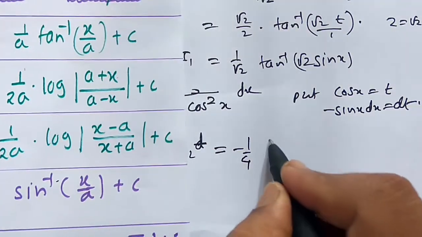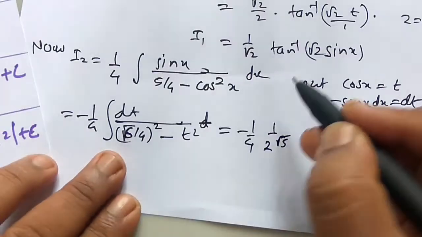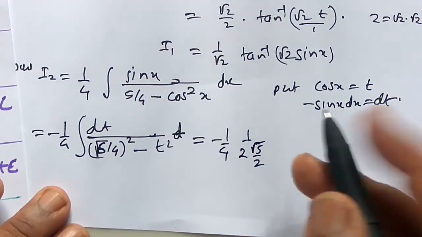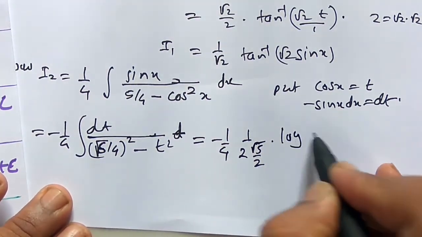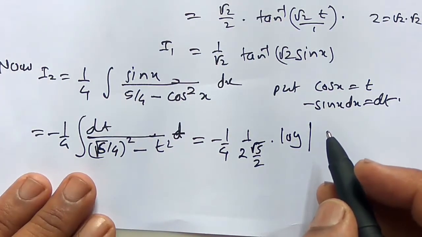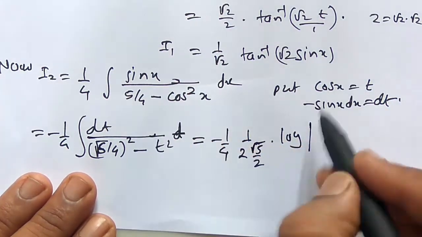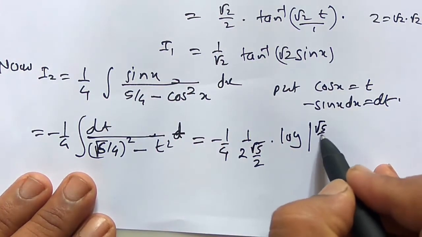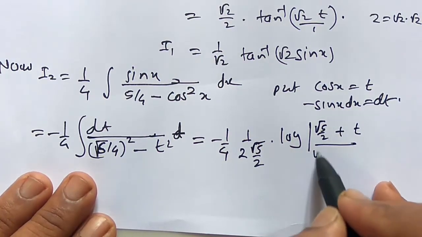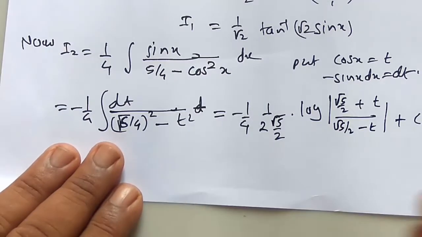So this is equal to 1 upon 2 times under root of 5 by 2 into log of, a is equal to root 5 by 2, plus t upon root 5 by 2 minus t plus c, some constant.